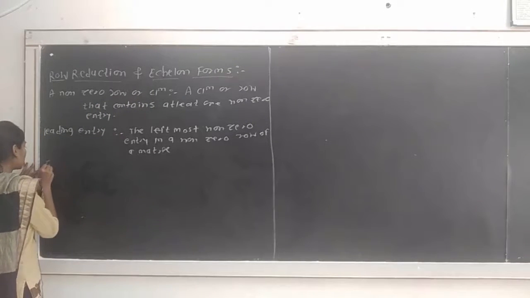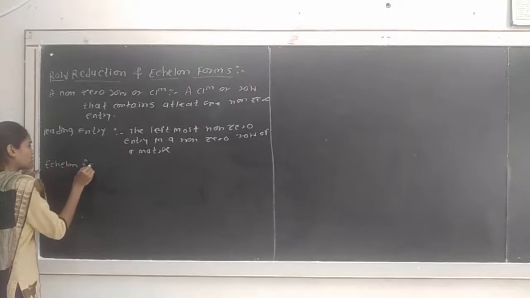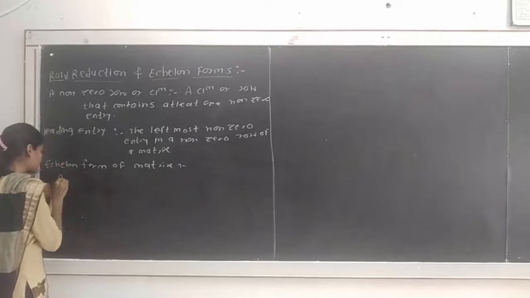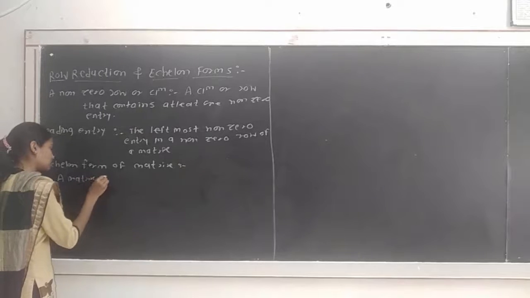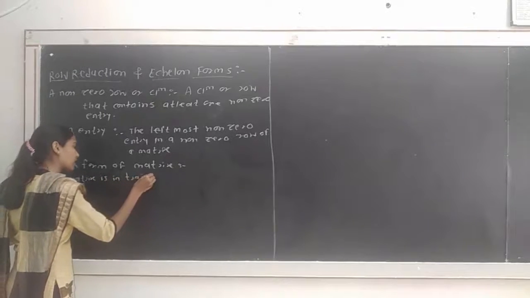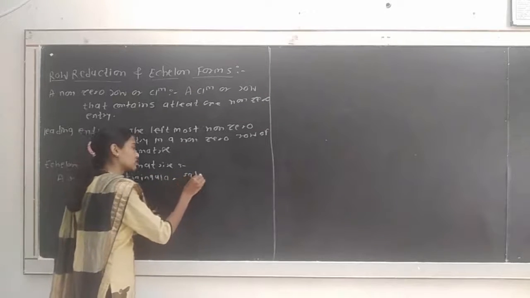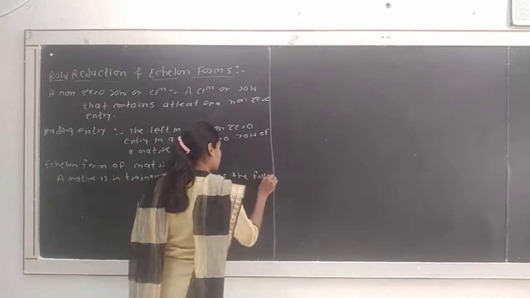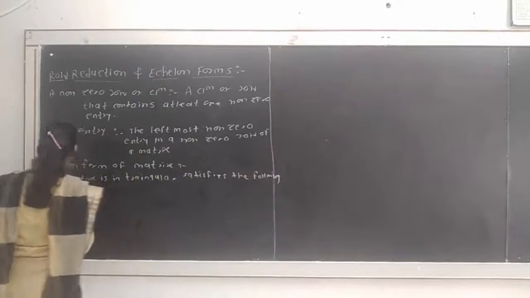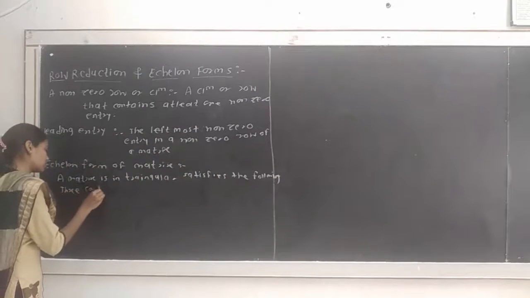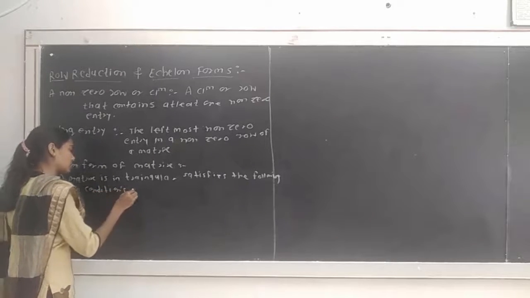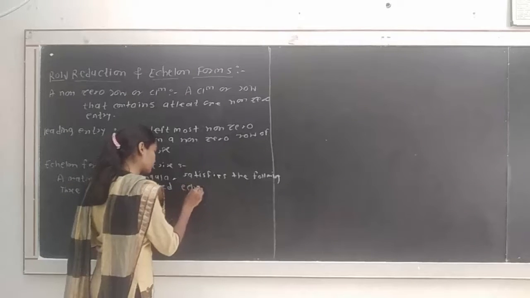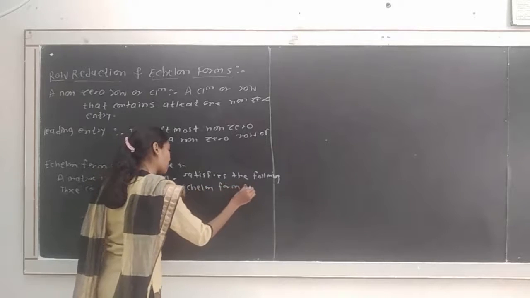Then we see the echelon form of a matrix. A matrix in triangular form that satisfies the following three conditions is called the echelon form of a matrix.